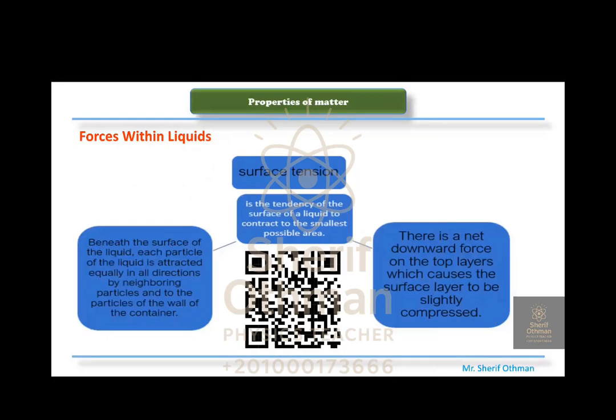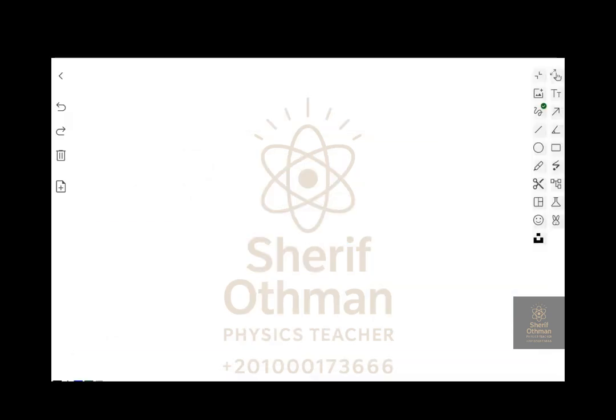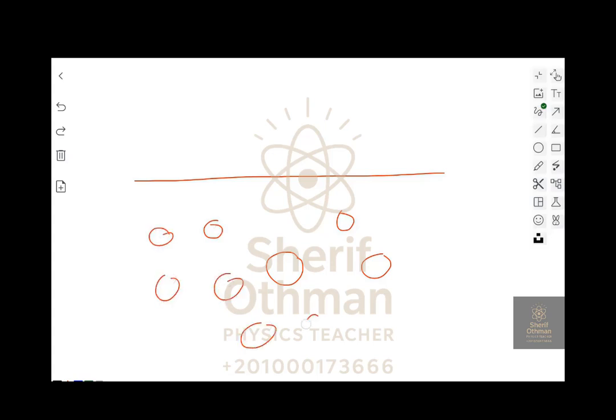Surface tension, guys, is a result of cohesive force. Let's say here is the surface of the liquid, and it is the liquid itself, particles of the liquid. This particle, guys, at the middle is attracted by different forces.